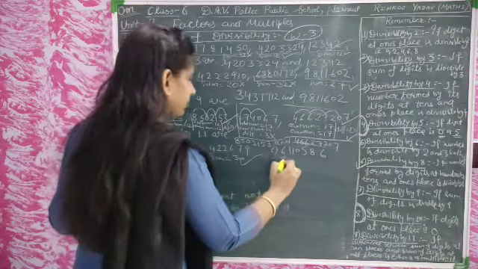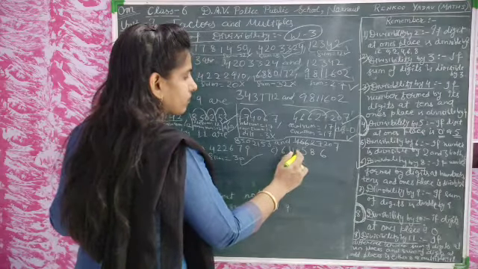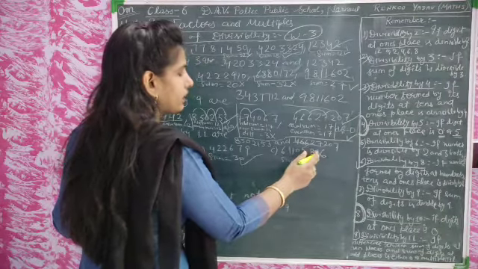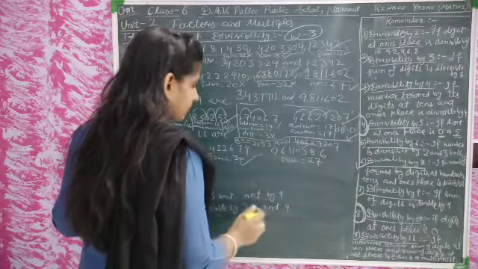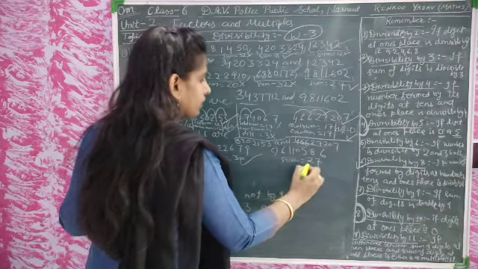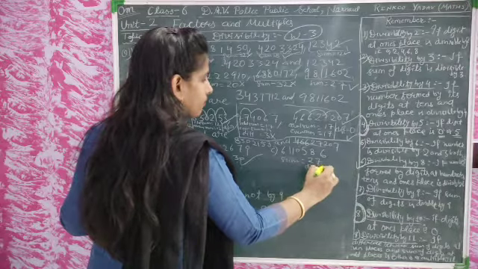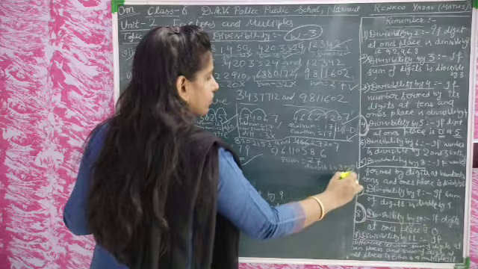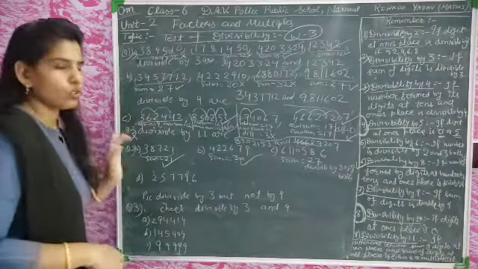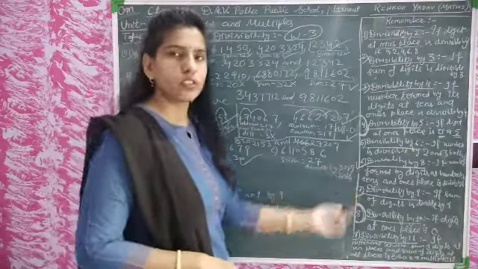And now next, sum is 6 plus 1, 7 plus 1, 8, 8, 5, 13, 13 and 8, 21, 21 and 6, 27. This is divisible by both 3 and 9. So this number is also divisible by both.